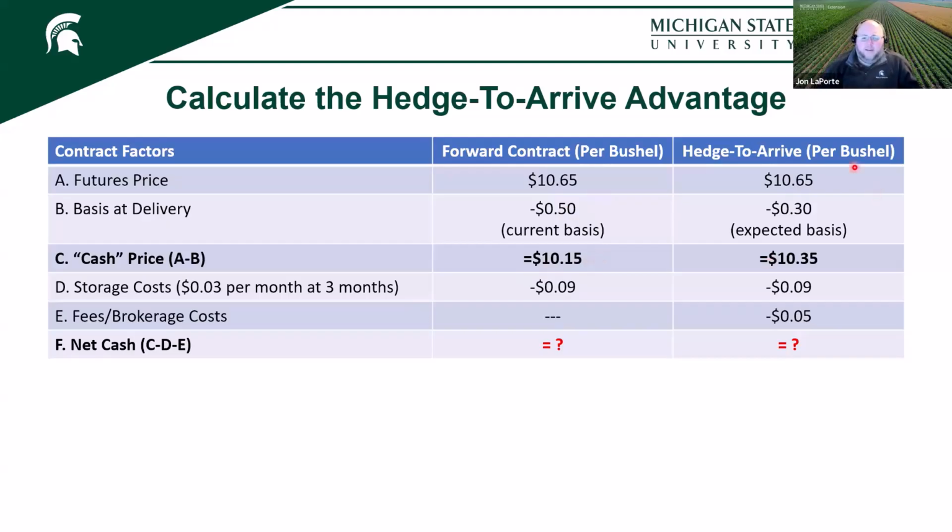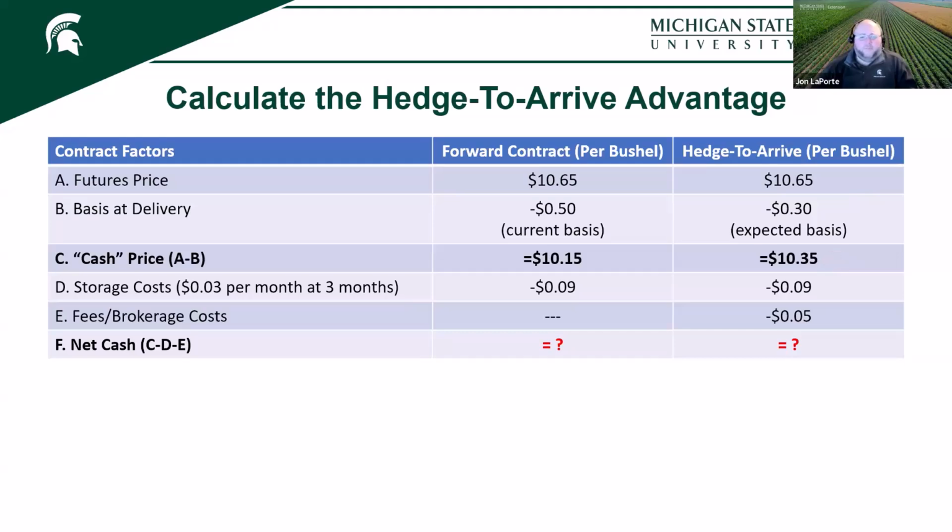What we're hoping is that we're more going to be over here if we go with a hedge to arrive, where if that basis were to get stronger, we've got this same 10.65 because we're going to lock this in on the futures. That basis gets better by about 20 cents.